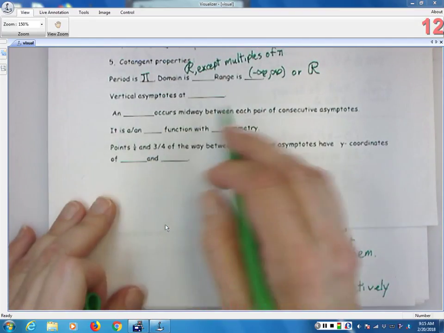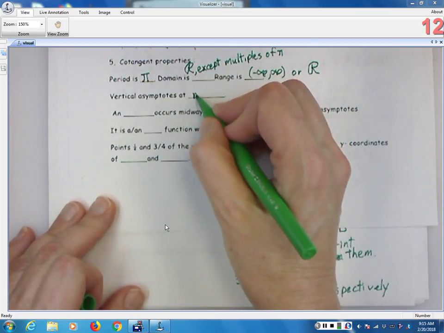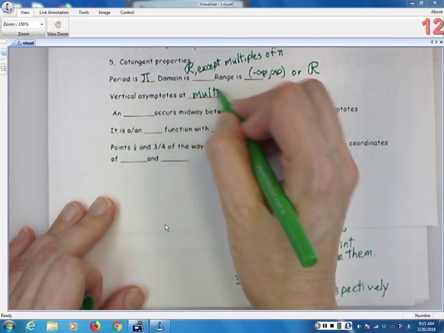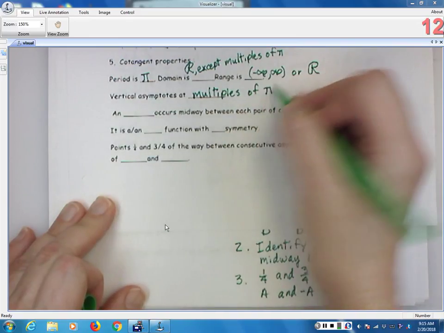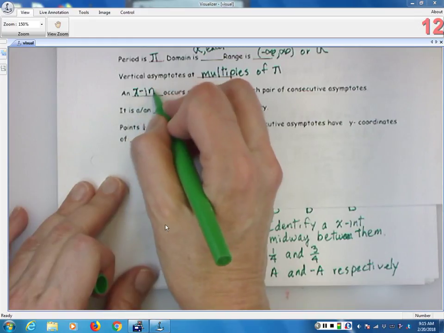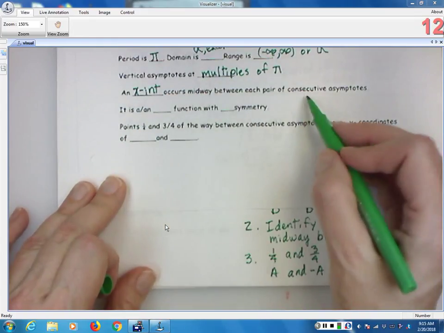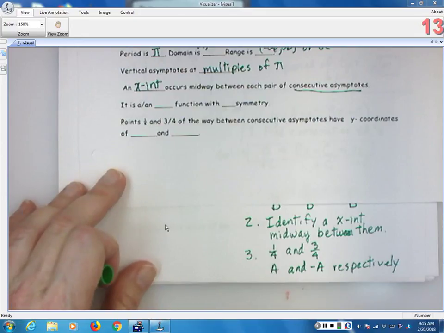Vertical asymptotes at multiples of pi. An x-intercept occurs midway between each pair of consecutive asymptotes.